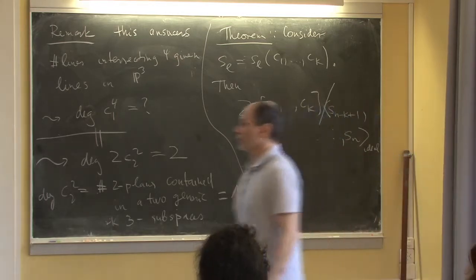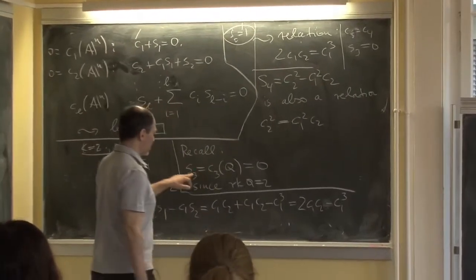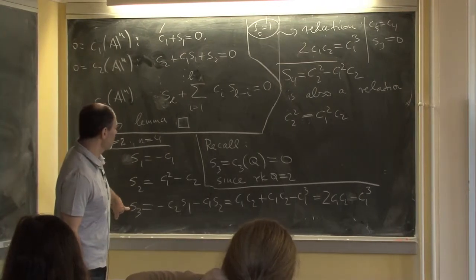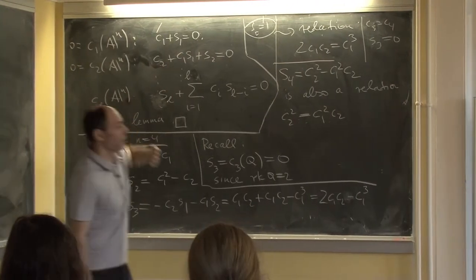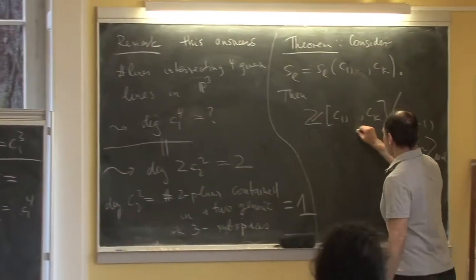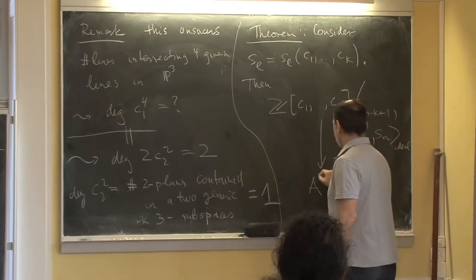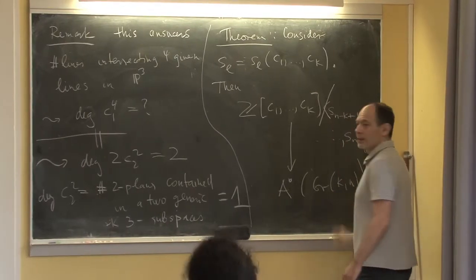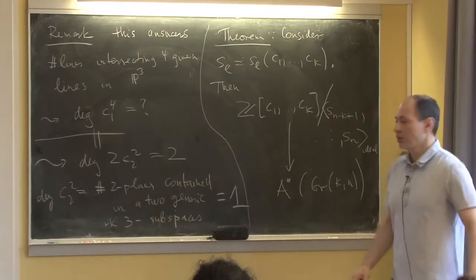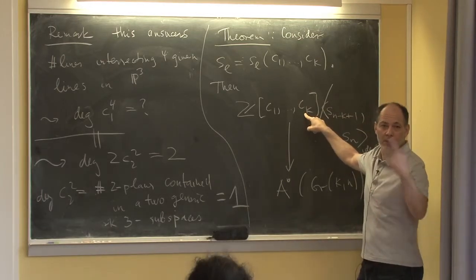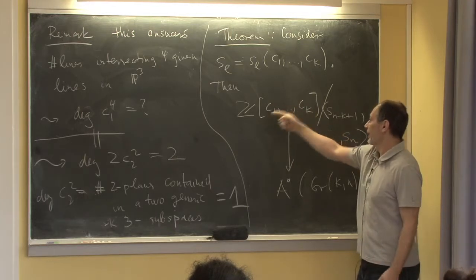So I take a polynomial ring, which I can take over Z, it turns out, and I do precisely what I did here. I take the relations S_{n-k+1}, all the way up to S_n, and I divide, getting a quotient ring. This thing clearly has a map onto the Chow ring of the Grassmannian, because these are elements of the Chow ring of the Grassmannian given by those linear conditions, the way we define the Ci, and I just take products.